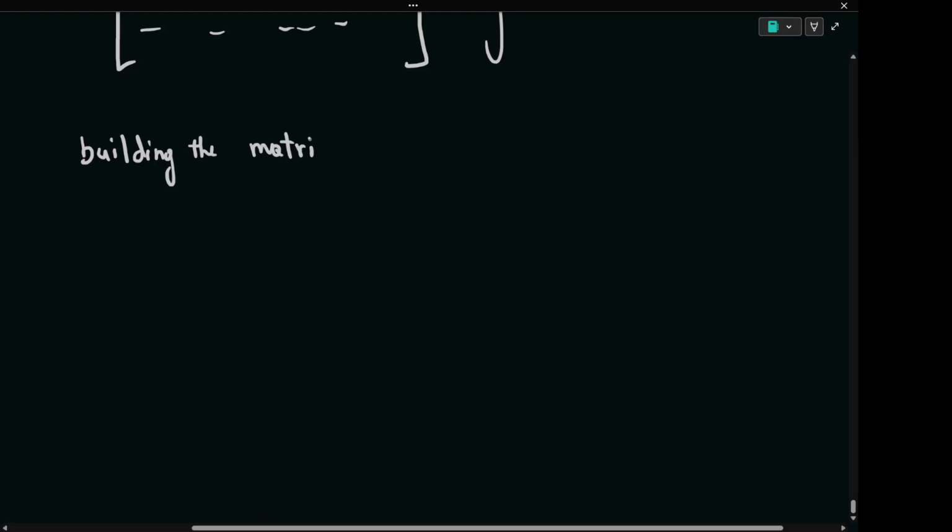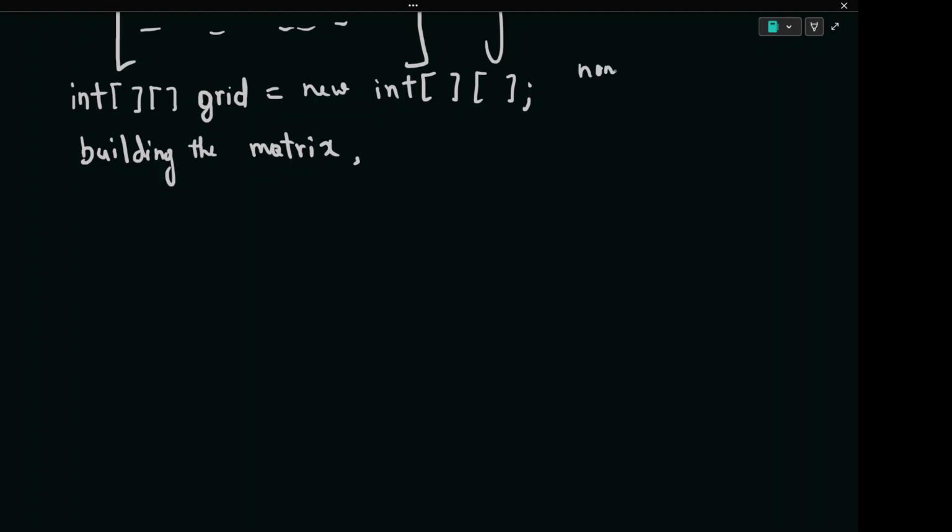So first thing before building the matrix is you have to create a matrix, right? That would be something, maybe let's say grid. The name of the matrix is grid is equal to new int. What will be the size of the matrix? So this is important for non-Python users. Python users, you can form a matrix pretty easily.